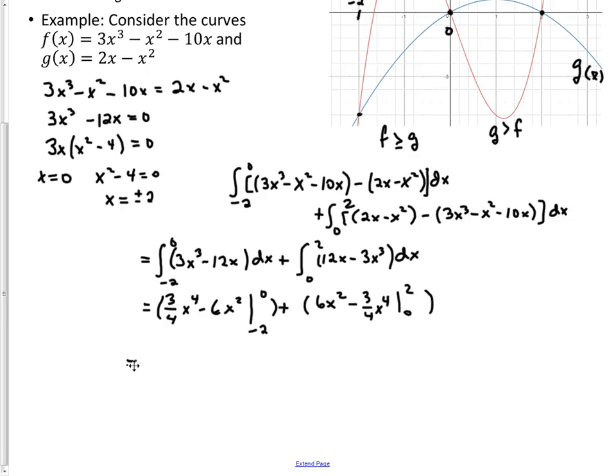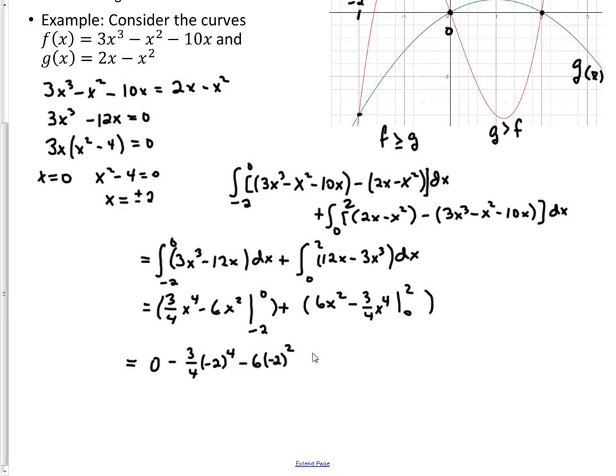So let's see what happens right here. In this case, I'm going to start at 0, and I'm going to subtract away 3/4 of, actually, negative 2 to the 4th. I need to be careful right there. Negative 2 to the 4th. There we go. Minus 6 times negative 2 squared.